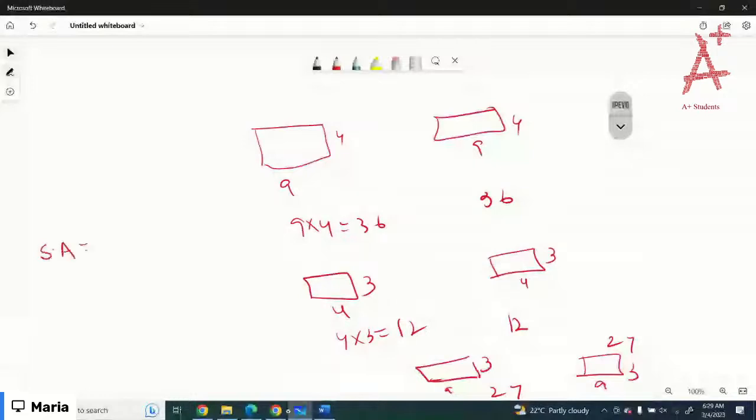It would be 36 plus 36 plus 12 plus 12 plus 27 plus 27. Let's just add all the values. Got it? So it would be 150. So the surface area of the shape is 150. Got it?